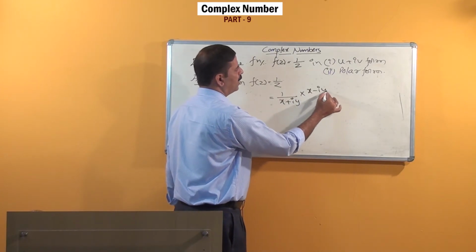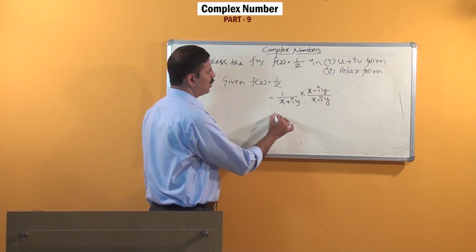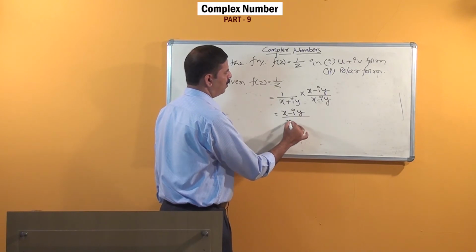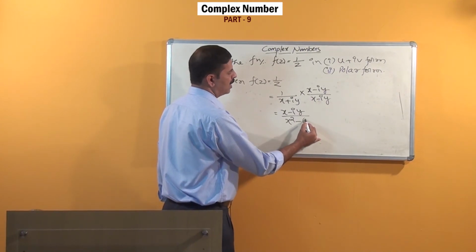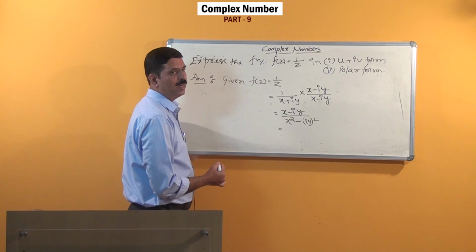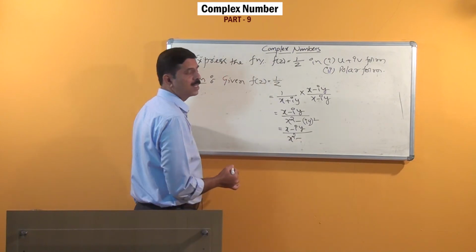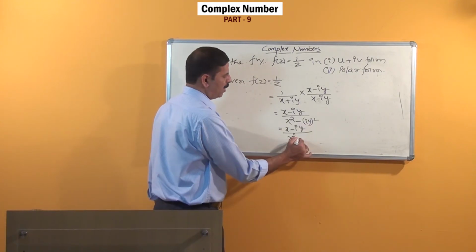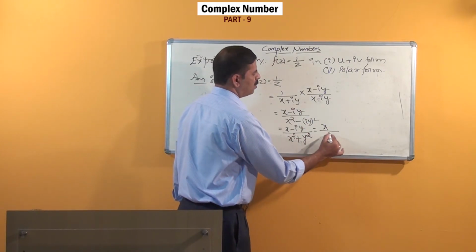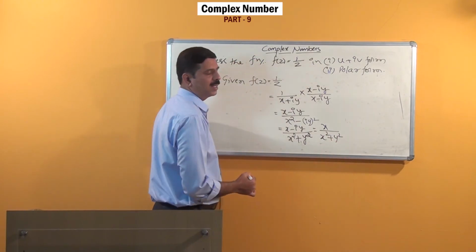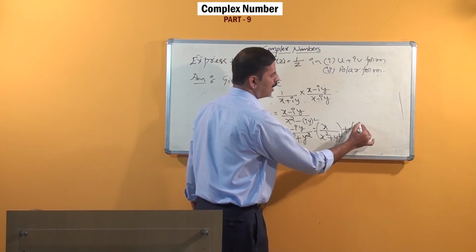Taking the conjugate of the denominator, multiplying numerator and denominator, which is equal to what? x minus iy divided by x square minus i square y square, where i square is minus 1, minus and minus becomes plus, so x square plus y square, which is equal to what? x by x square plus y square, this is the u term, plus now here minus y divided by x square plus y square.